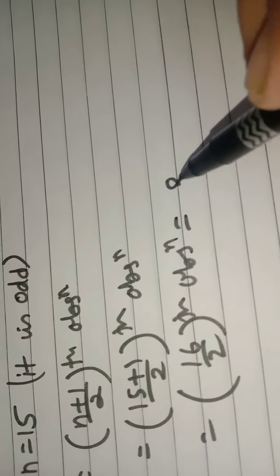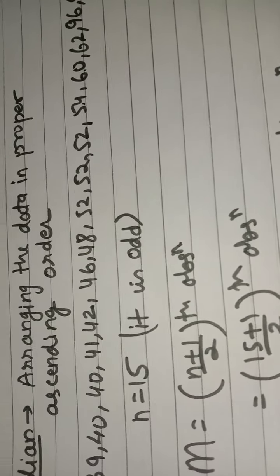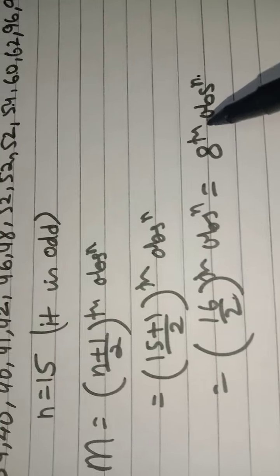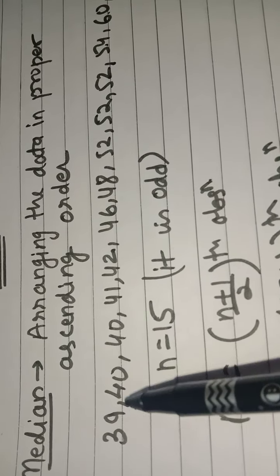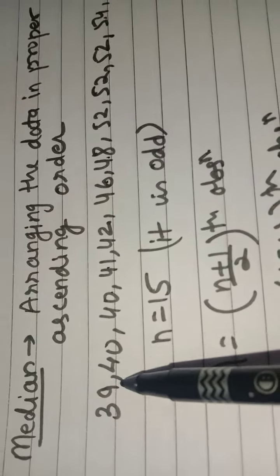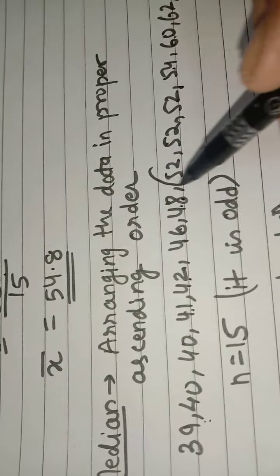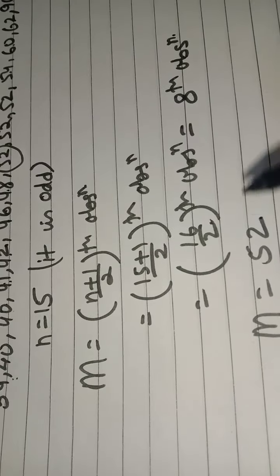It is the 8th observation. 8th observation means, 2 eights are 16. So the 8th observation we will count from here: 1, 2, 3, 4, 5, 6, 7, 8. Once again, 1, 2, 3, 4, 5, 6, 7, 8. So it is 52. So our median will be 52.